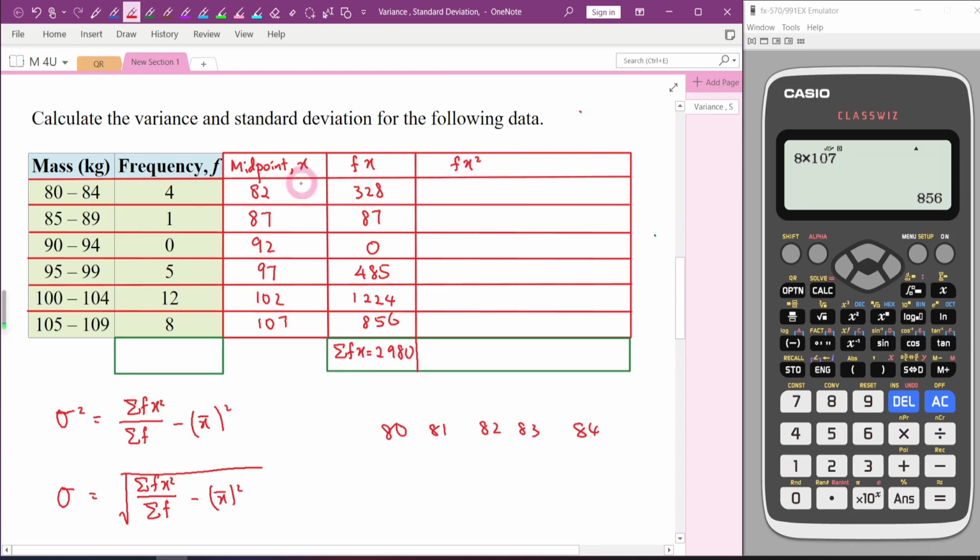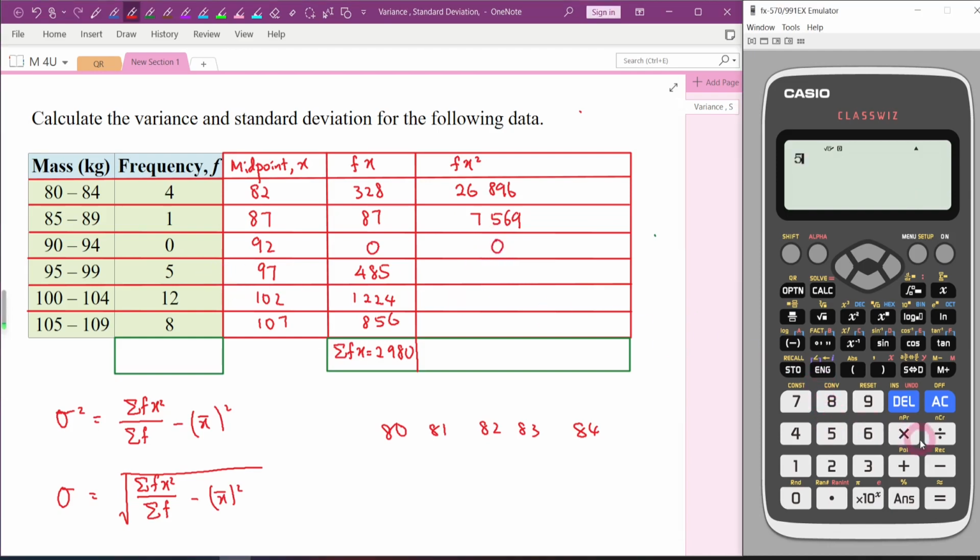Okay, how about fx squared? Fx squared means that you take the frequency times 82 squared. Take the frequency times the midpoint squared. 4 times 82 squared, you get 26896. 1 times 87 squared, 7569. This will be 0.